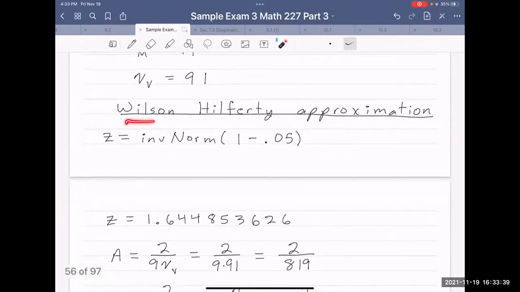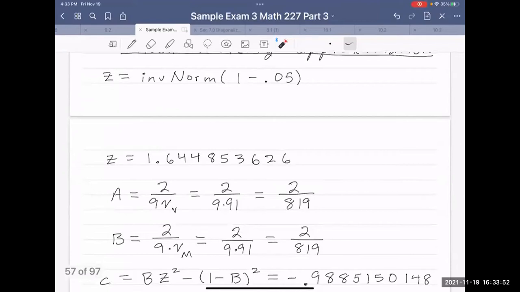Let's use the Wilson-Hefferty approximation. So first, let Z equal the inverse norm of 1 minus 0.05, which is 1.644853626. You could also let it just equal 1.645.